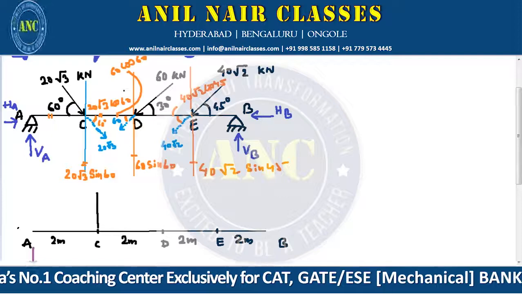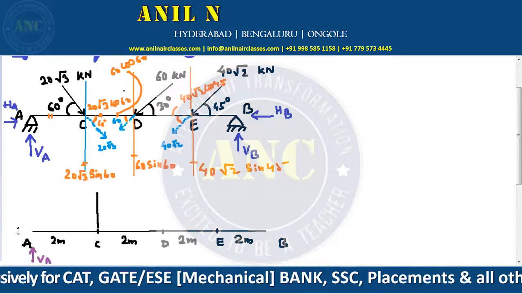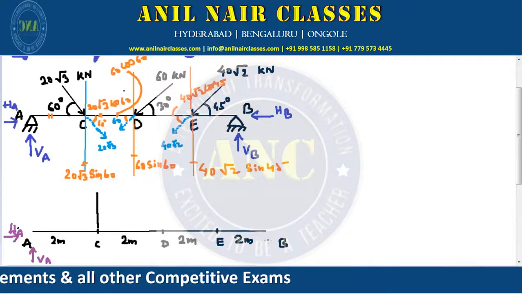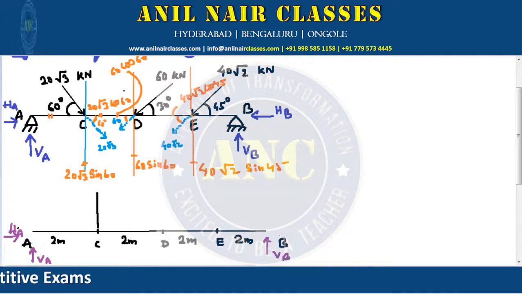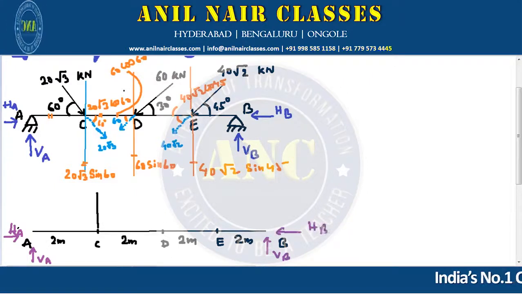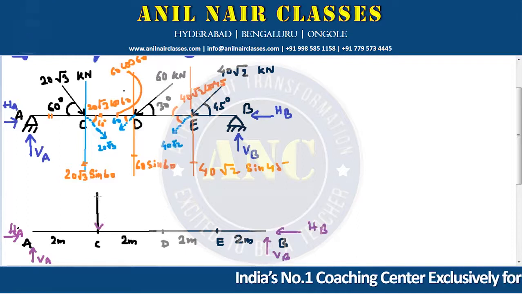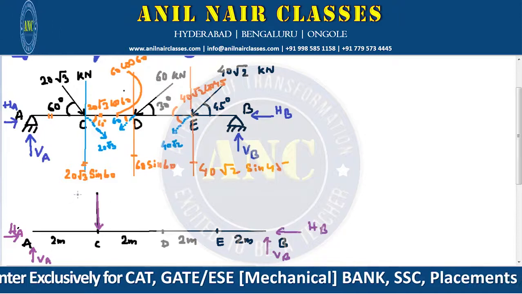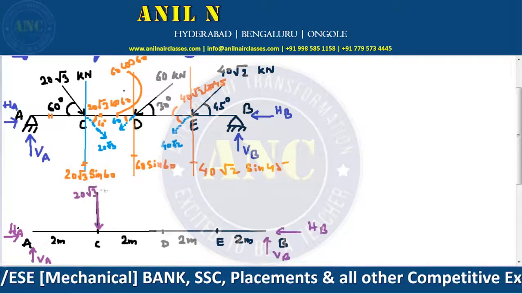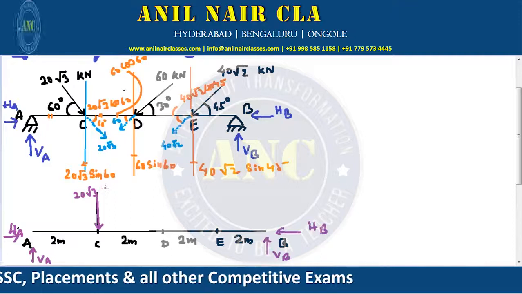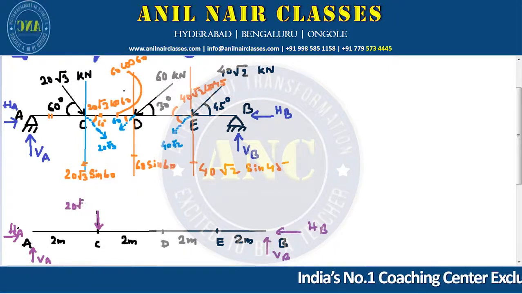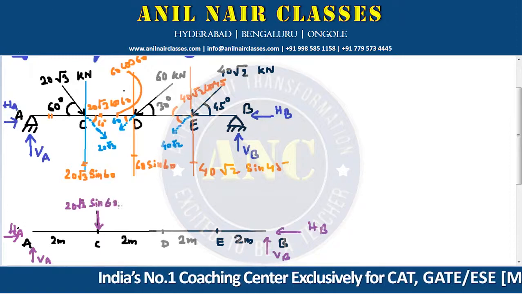So what are the reaction forces? I'll write it first. This is VA, this is HA. Similarly, this is VB, this is HB. So this is 20 root 3 sine 60.